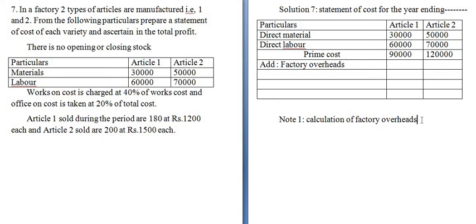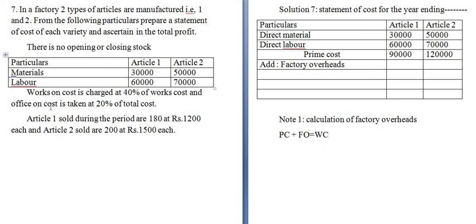Usually the formula to calculate this is prime cost plus factory overheads, which will be equal to works cost. Understanding, prime cost plus factory overheads will give you works cost.